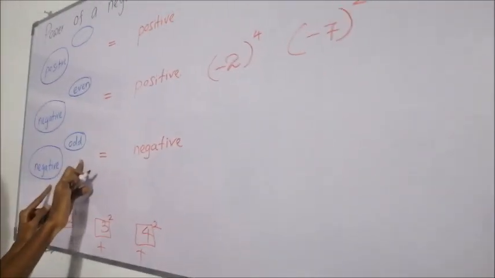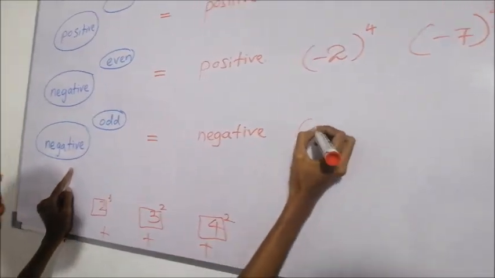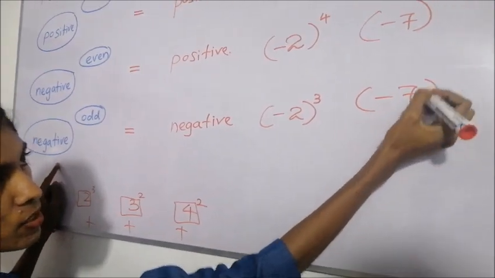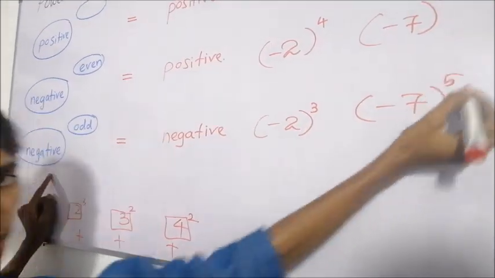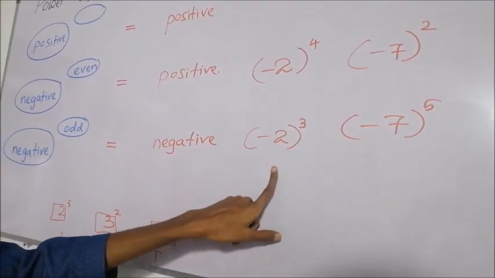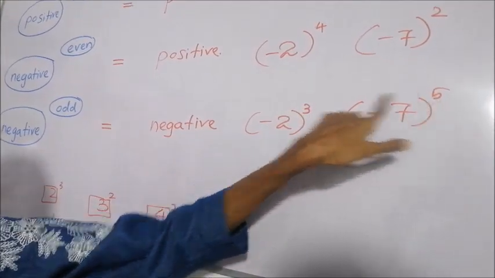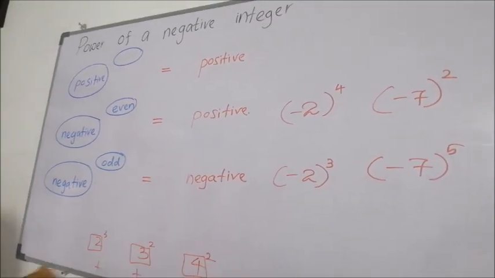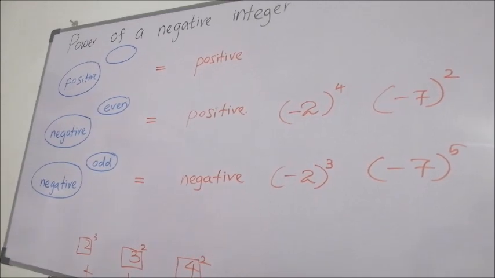And the examples for odd powers: minus 2 to the power 3, minus 7 to the power 5. See, negative integers can be seen, and we can see an odd power. If there is an odd power of a negative integer, the answer should be negative.